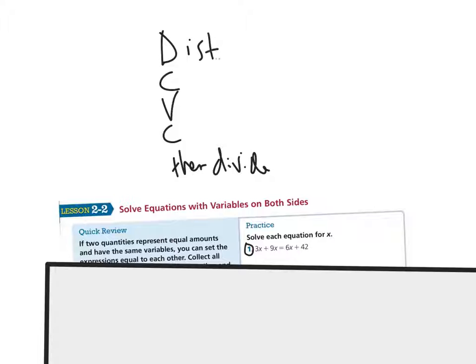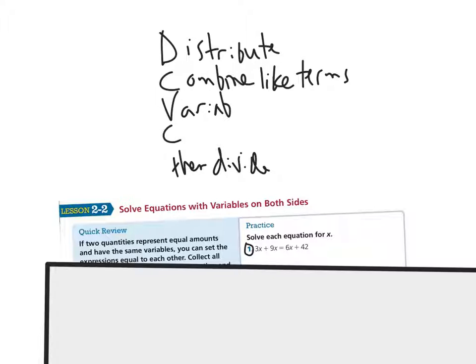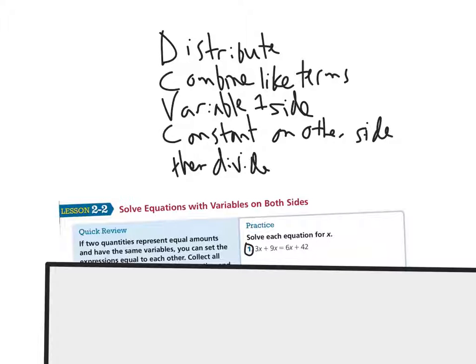So distribute, combine like terms, variable on one side, constant on the other side. And then usually divide or multiply, just depending. So that's in your notes.